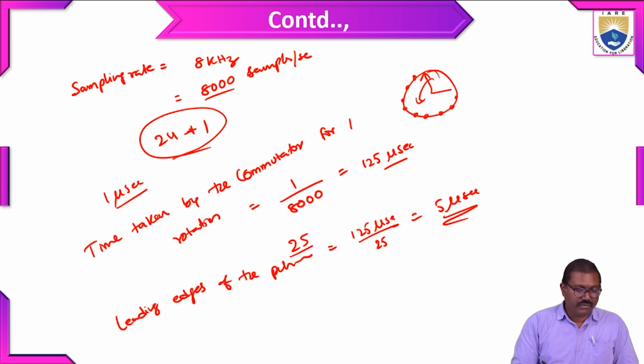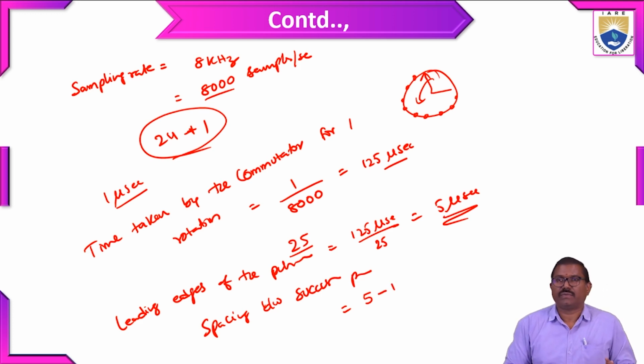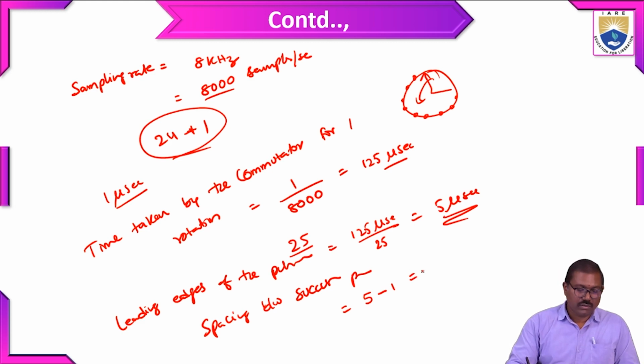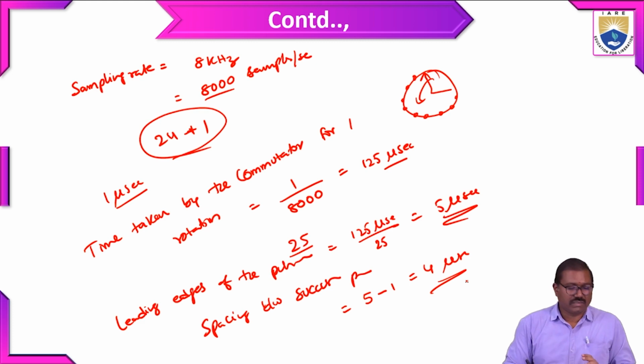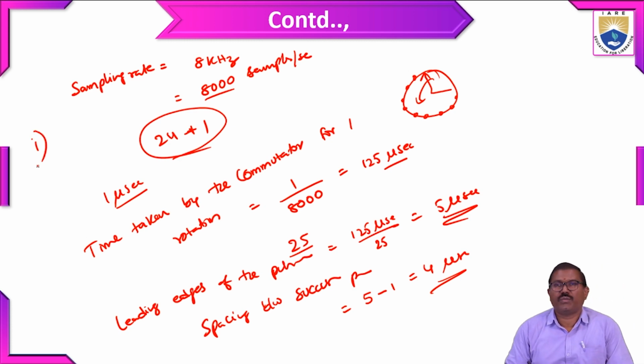Now the spacing between successive pulses: 5 minus 1, that is the leading edge spacing of 5 microseconds minus the 1 microsecond pulse width, gives 4 microseconds. So this is the spacing between successive pulses.